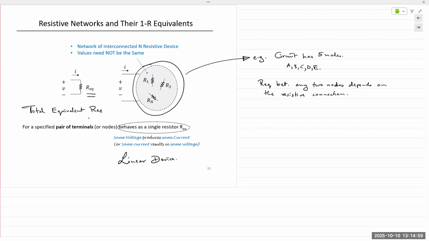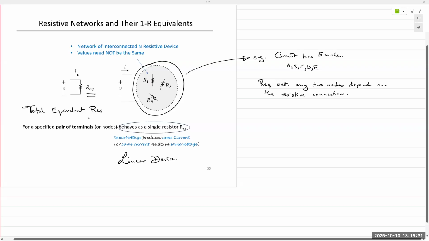Linear means current and voltage have a linear relationship. If voltage increases, current increases. If voltage decreases, current decreases. So no matter how many resistors are there in that REQ network, it still behaves like a linear resistor. V and I are related by Ohm's law. V equals IR. If you remove R from there, V is directly proportional to I. So if either one of those quantities increase or decrease, the other one will increase or decrease.